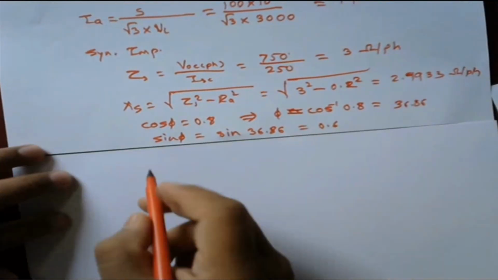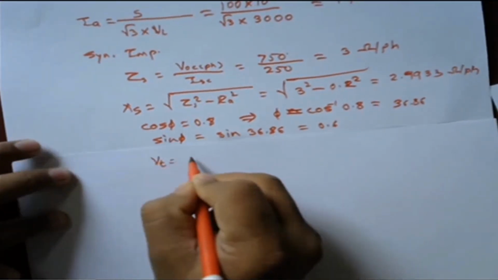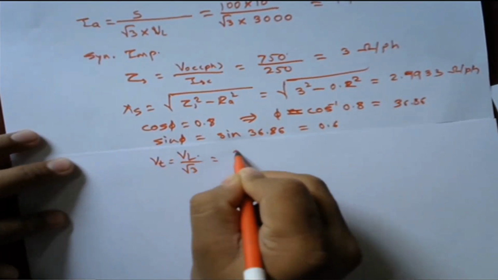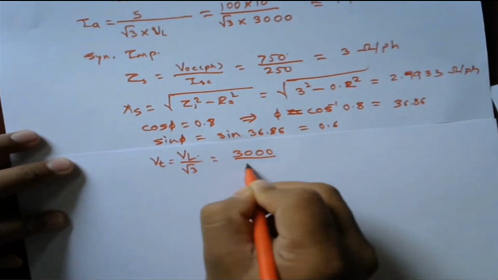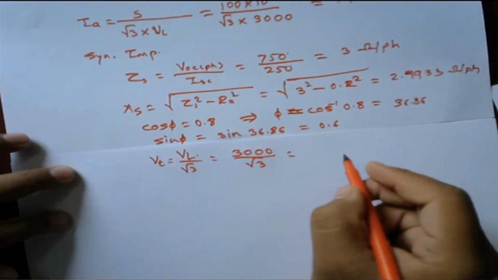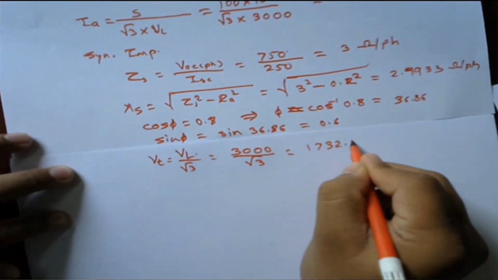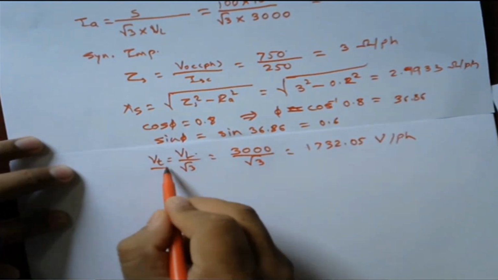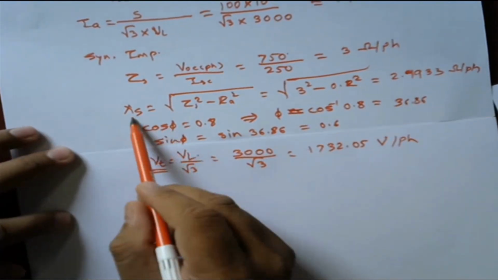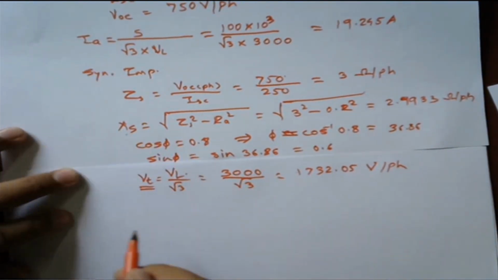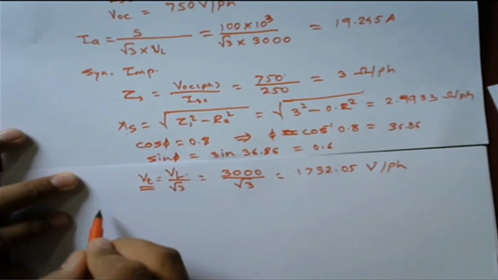To calculate voltage regulation, we should know Vt, and Vt is nothing but VL upon root 3. VL is 3000 volt divided by root 3, which is 1732.05 volt per phase. So Vt is known, sine phi, cos phi is known, Xs is known, Ia is also known.